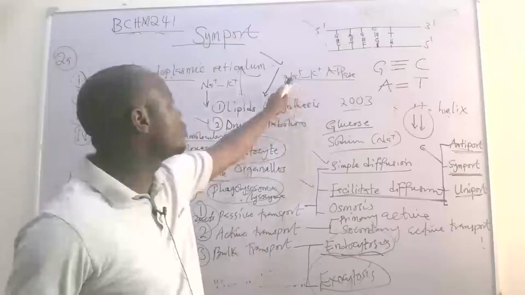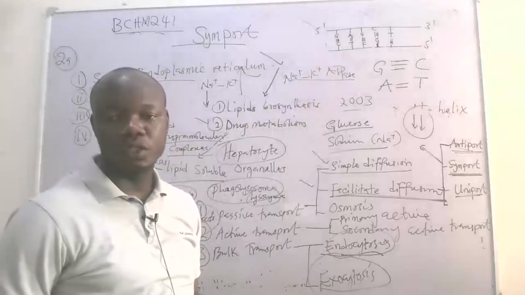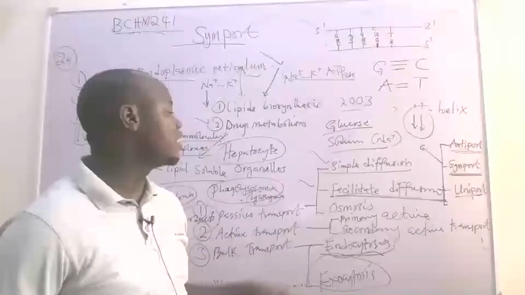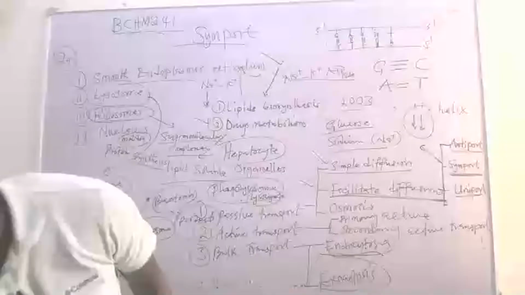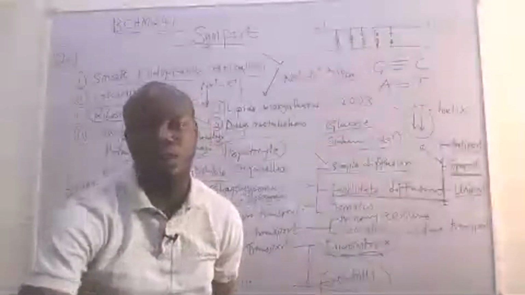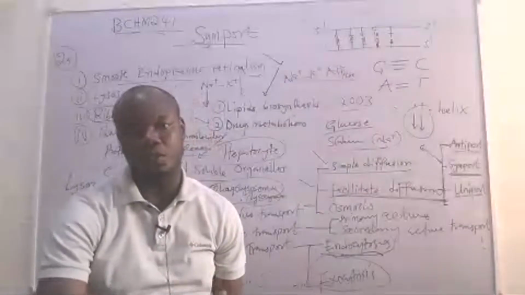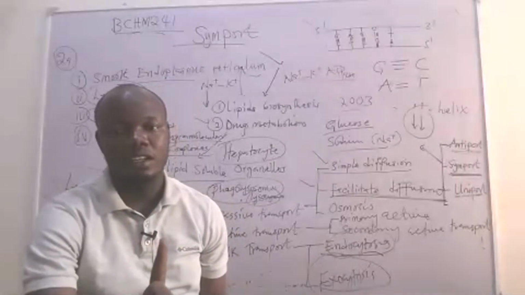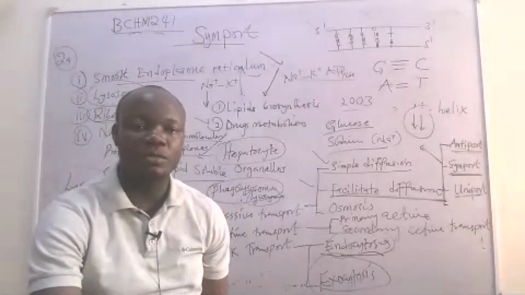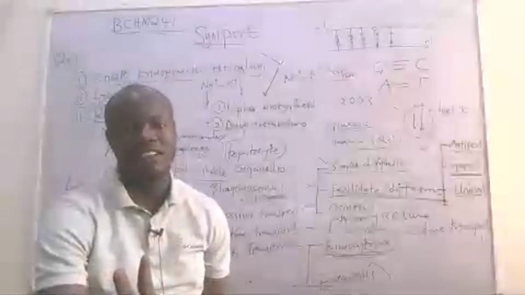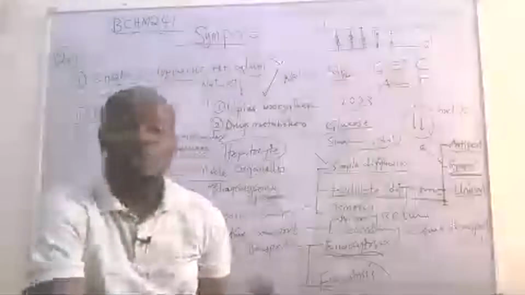Excellent, it is primary active transport, not secondary, because secondary active transport uses proton motive force or an electrochemical gradient. So you see, we answered this question.